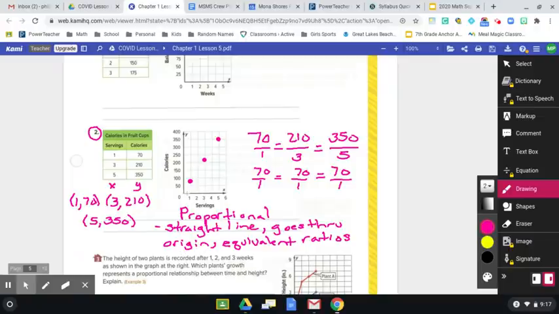Since it's going by 70 every time, if you think about your first coordinate point being at 1 and 70, well, at 0, 0, right, it would be 0. So 0 calories, 0 servings. And so it would eventually go through that 0, 0, that origin. So I put proportional, straight line, goes through the origin, and you see these equivalent ratios.